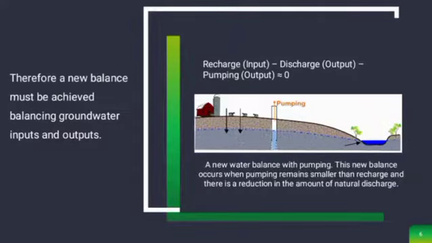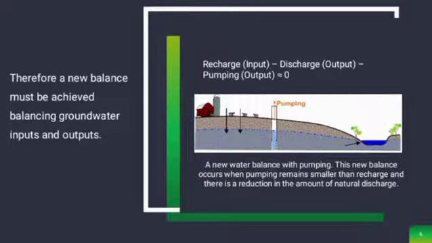So this addition of human activity on the aquifer requires the system to adjust and find a new revised balance. However, for a groundwater system to remain sustainable, the change in storage must not continuously decrease. So, ibig sabihin, yung new balance must be achieved balancing groundwater inputs and outputs.